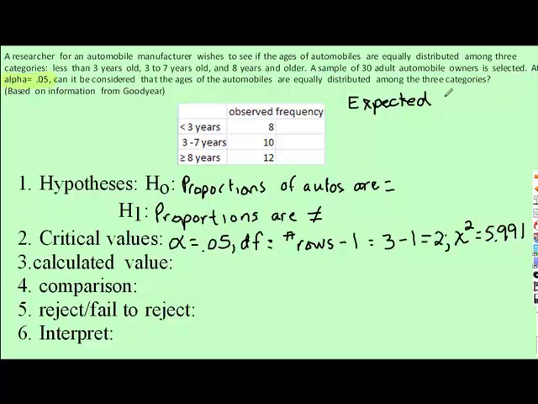That is, if I take all of my 30 people and divide that between my three categories, if they were equally distributed, they should each have 10. So 10 is my expected frequency. We'll call it E. My calculations are done as follows.